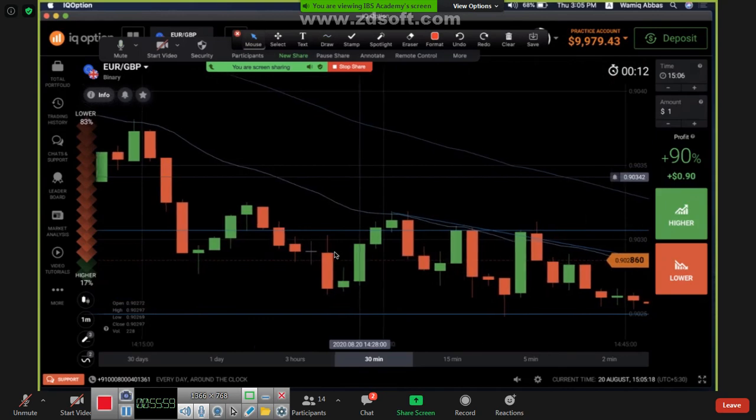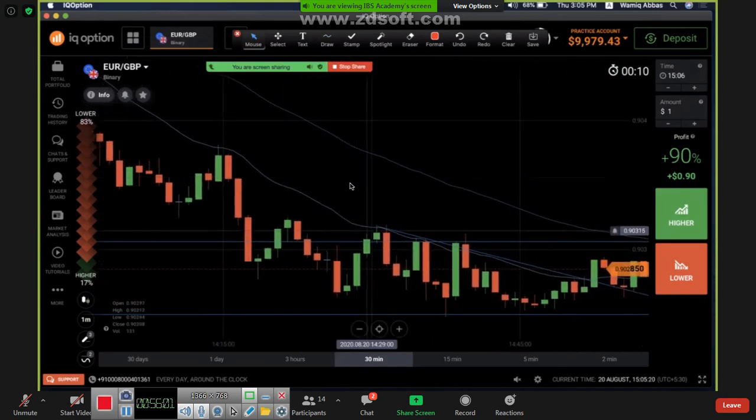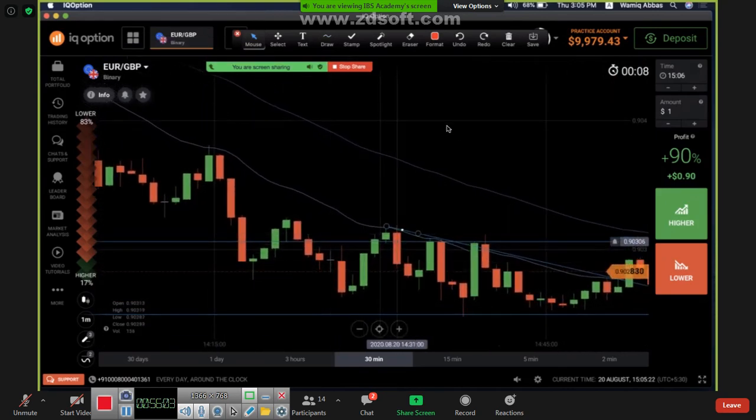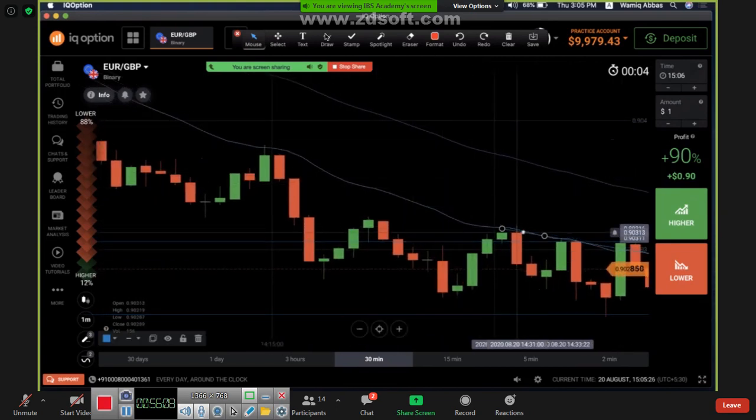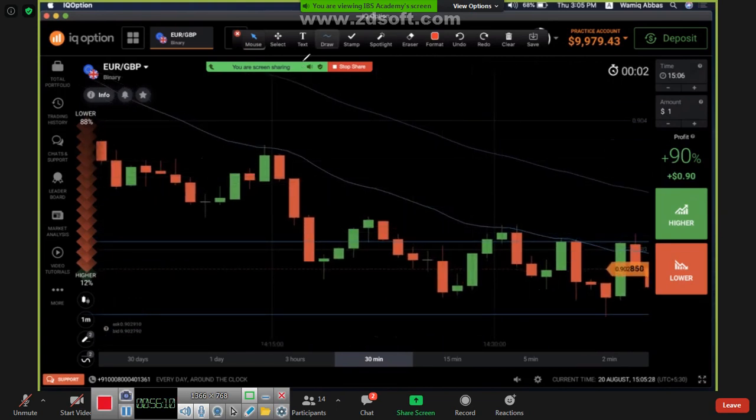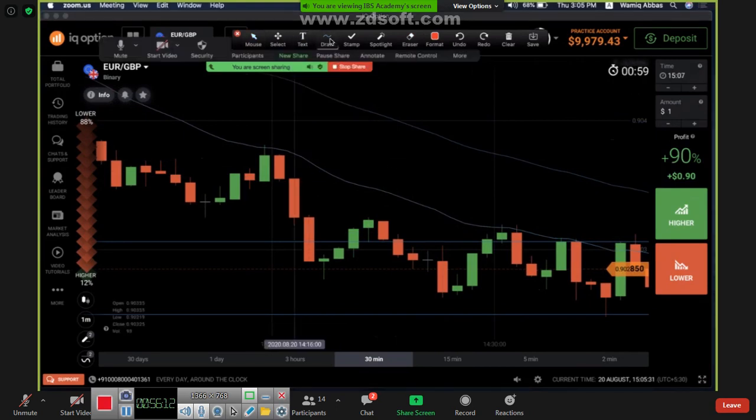I'll explain, this is actually a little advanced level, because in tomorrow's class I was about to explain the different ways of using our trend lines, and one way is here itself. This was a support, guys, correct? This after breakout will become resistance, am I right?